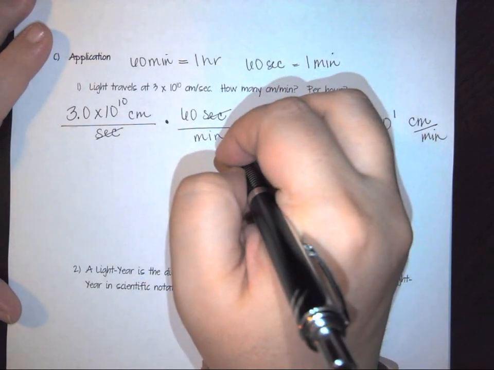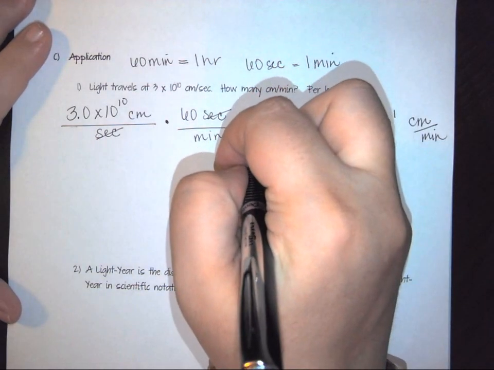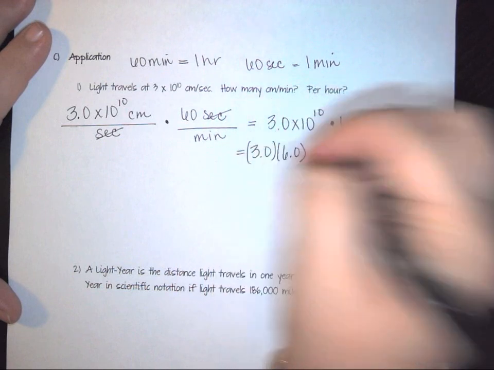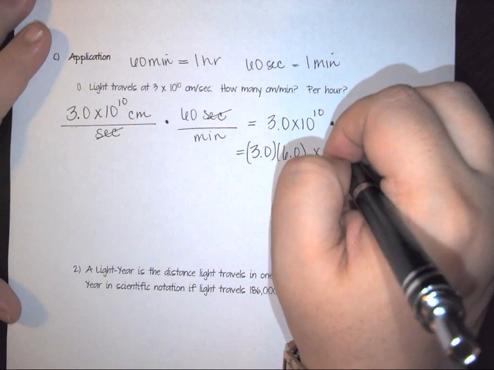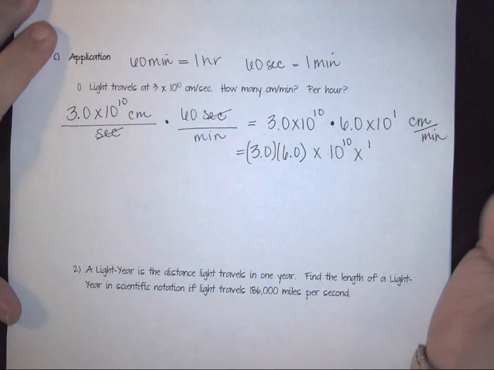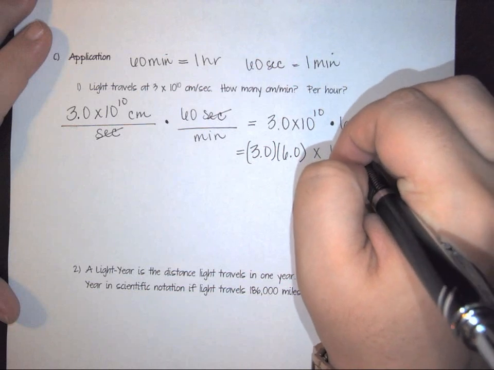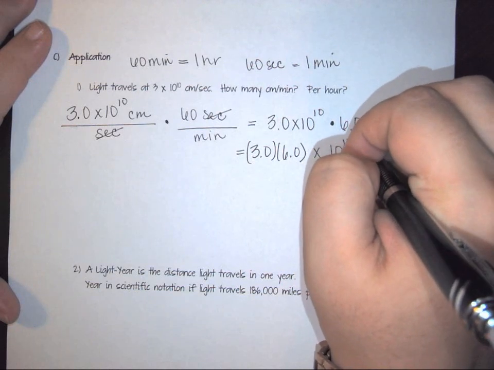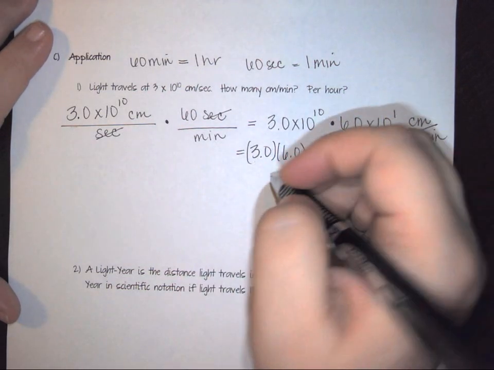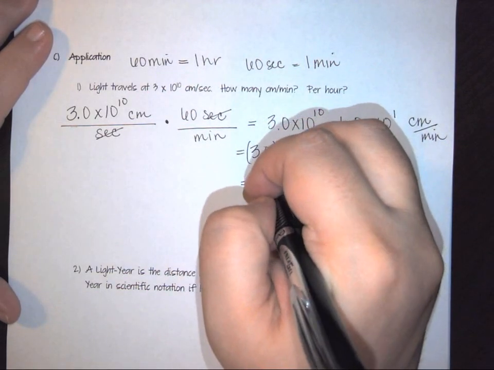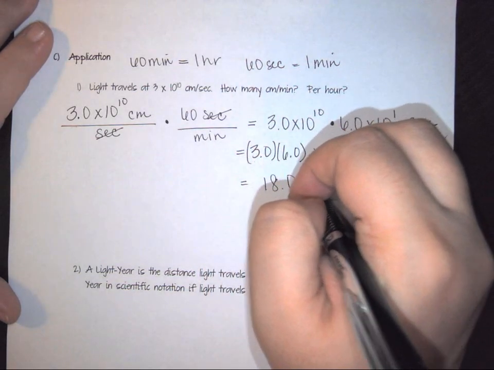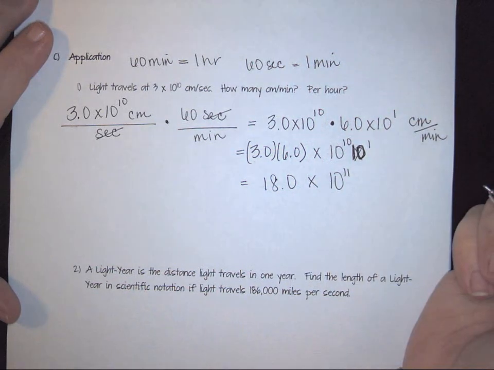So here the rule again says that we have to do 3.0 times 6.0, and this is going to be times 10 to the 10th and then 10 to the first. So here 3 times 6 is going to give me 18.0, and this is times 10 to the 11th.